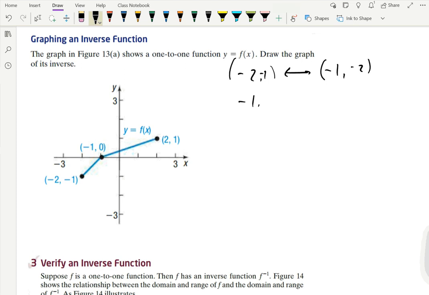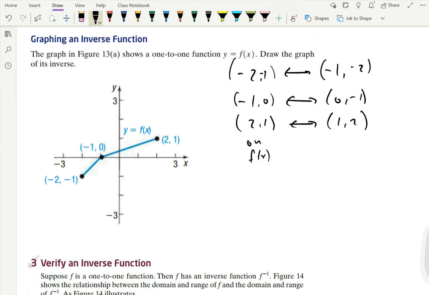(Negative 1, 0) is on the function, so (0, negative 1) must be on the inverse. (2, 1) is on the function, so if I reverse that, (1, 2) must be on the inverse function. So these are on f of x, and these are on f inverse of x. The notation looks like f with a power of negative 1, but we don't say negative 1, we call that inverse.